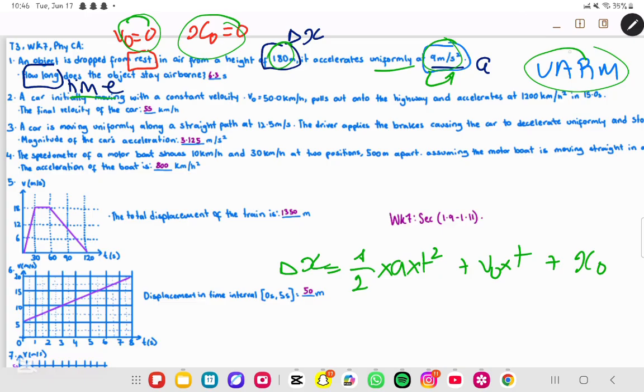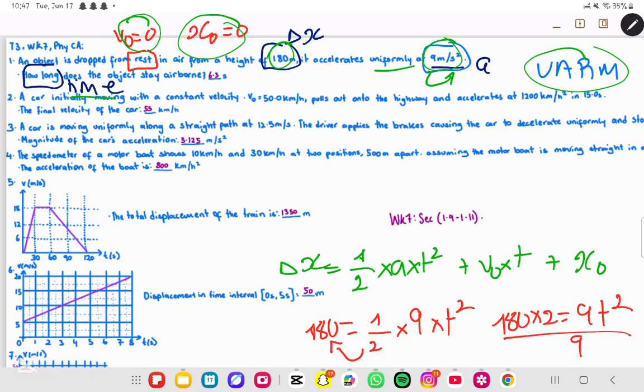So let's substitute now. The displacement 180 is equal to 1/2 times 9 times the time squared plus velocity initial, which is 0, times the time, plus 0. So just remove these. Move this to the other side. So 180 times 2 is equal to 9t squared. Divide both sides by 9.